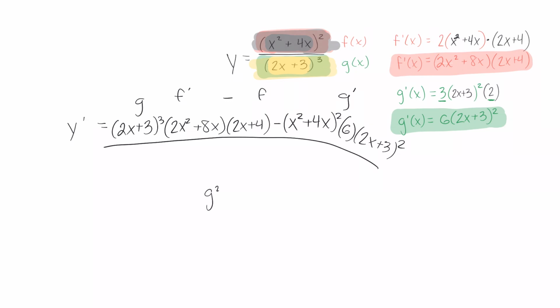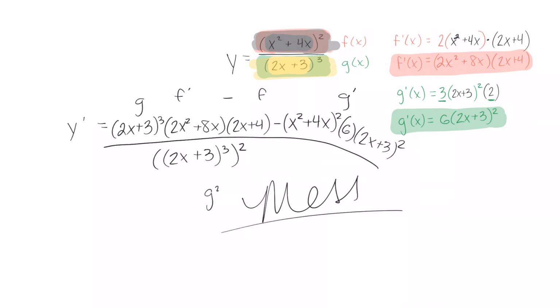Okay, so careful here. G is 2x plus 3 cubed, and then you need to square it. And that, my friends, is what we call a mess. But it's the right answer, so that's fun.